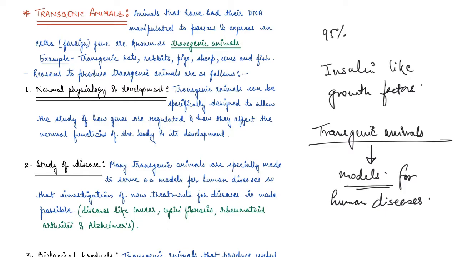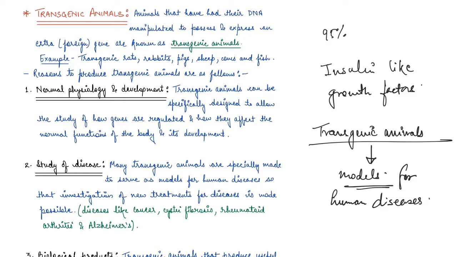So investigation of new treatment for a disease is made possible by treating these transgenic animals first, right? There are transgenic models that exist for many human diseases, including the chronic ones like cancer, Alzheimer's, rheumatoid arthritis, cystic fibrosis. There are a lot of diseases which are studied on transgenic animals.